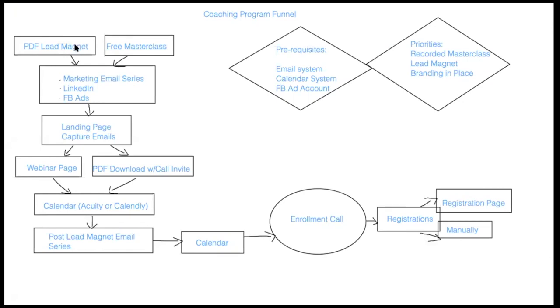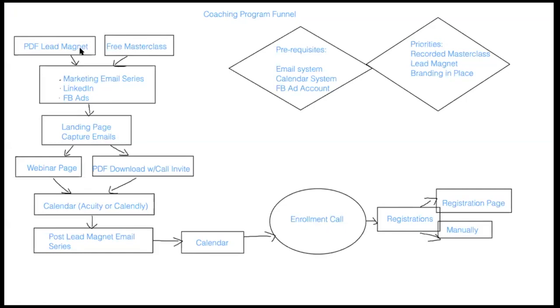This is sort of what I'm doing for Marla, and I've done for some other people. Right now we've got two different types of lead magnets: the PDF and a free masterclass. So right off the bat, we have a decision point. Do we want to use one or the other or both?